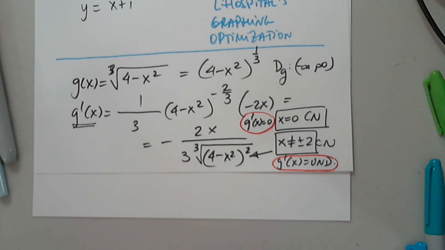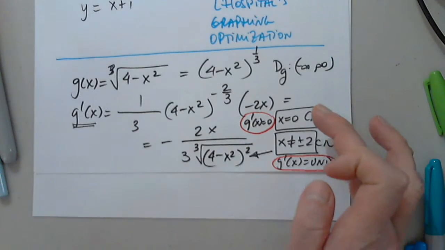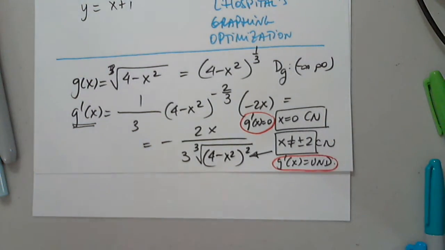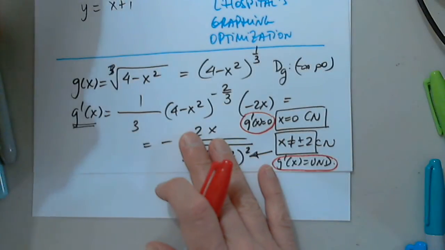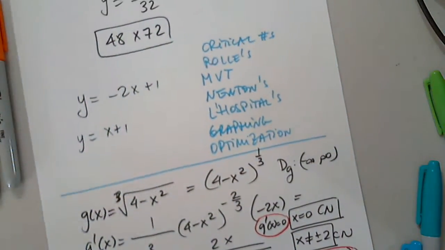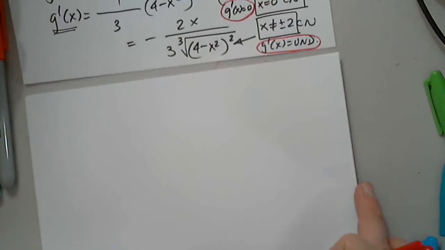Now, if there is an extra question, like identify if these are max-min, then that's a different question. So let's proceed with that, because I want you to understand that this is very important.